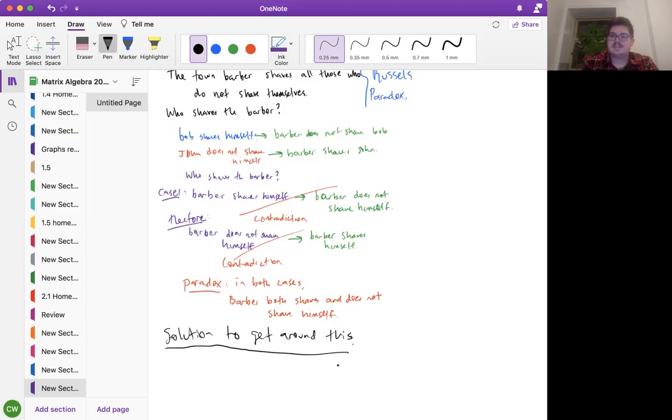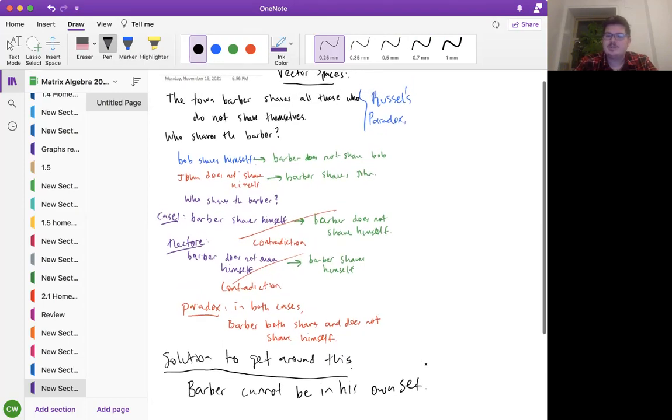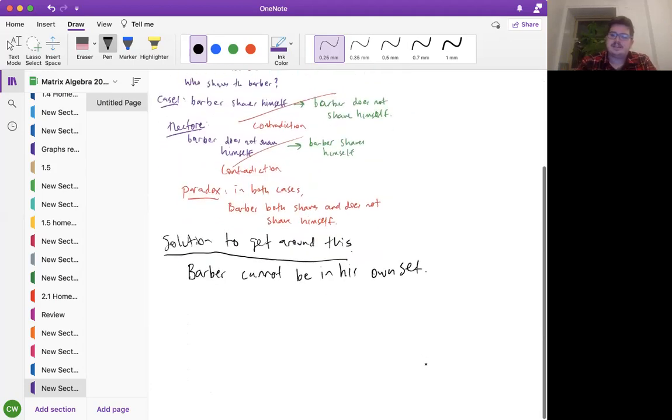Yeah, the idea is that there has to be a condition: the barber cannot be in his own set. So you don't have to know this, I just think it's a cool thing to talk about. When we talk about set theory, I think you should always think about this, because sets are very simple, but you do have to be careful with how you define things.